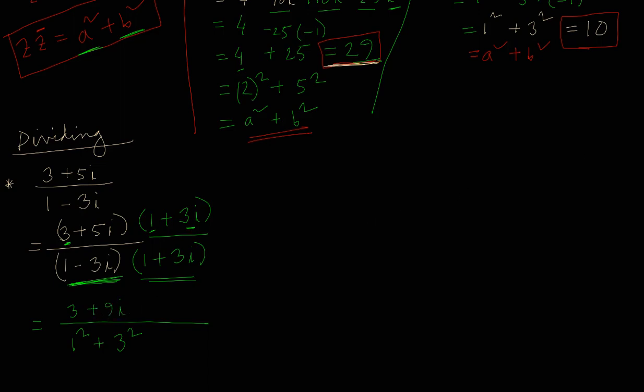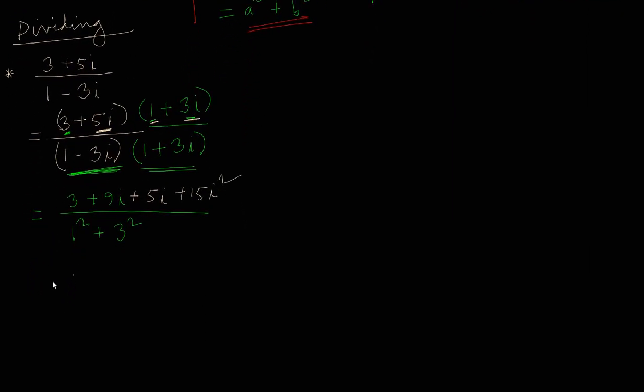5i multiplied by 1 is plus 5i, and 5i multiplied by 3i is plus 15i square. Let's see what I got. The denominator is 1 square plus 3 square, which is 9 plus 1, so 10.